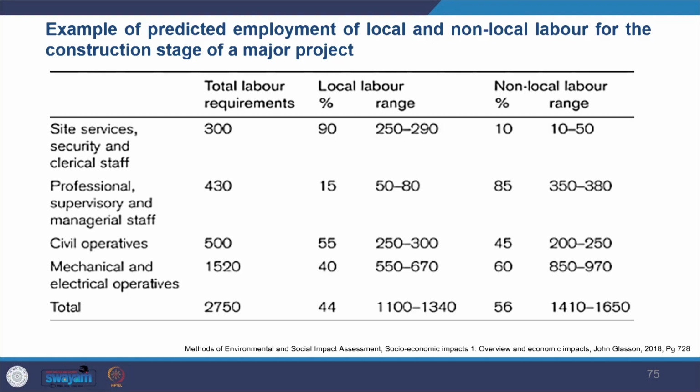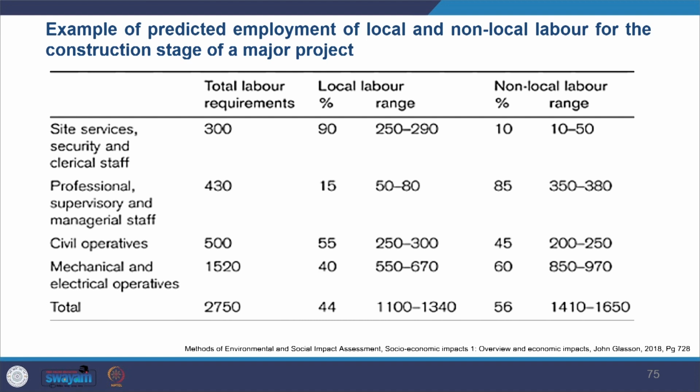So here in the table, you can again look at another example. You look at total labor requirement, and then how much proportion of that will be local labor, and how much proportion of the same total jobs would be non-local labor recruitment. And then you look at the range of jobs: site service, security, professional, supervisory, civil operators, mechanical and electrical operatives. And then you see how with the change in the positions, the percentage of local labor also reduces or varies.